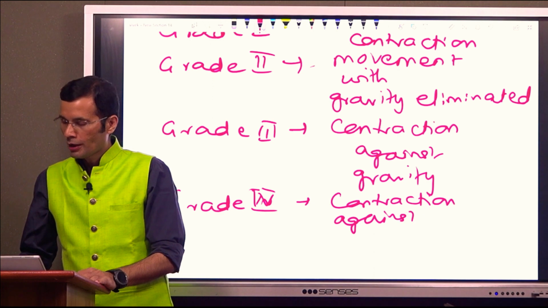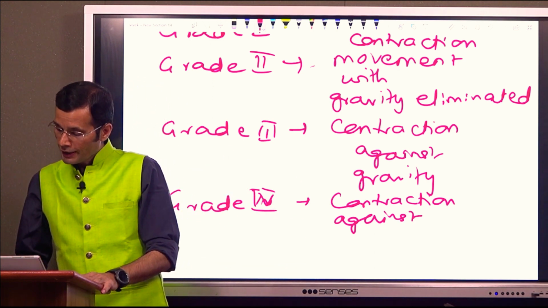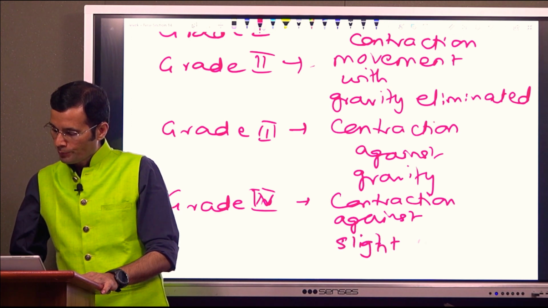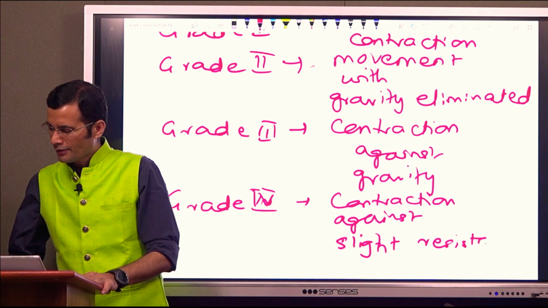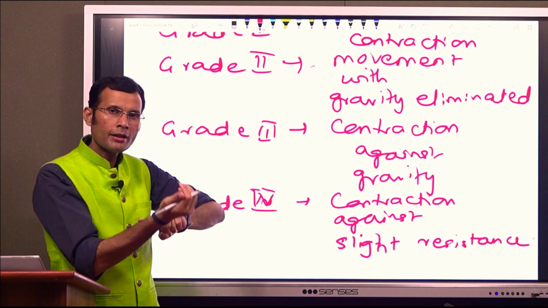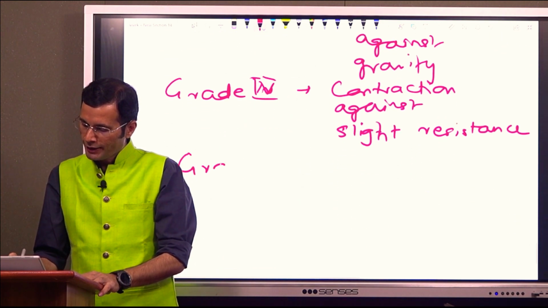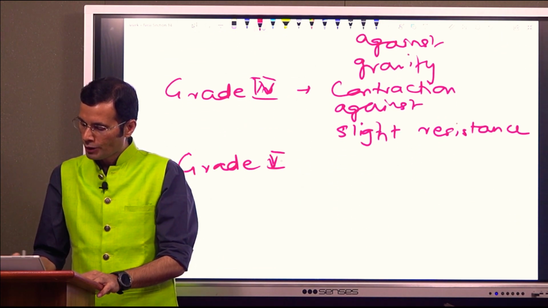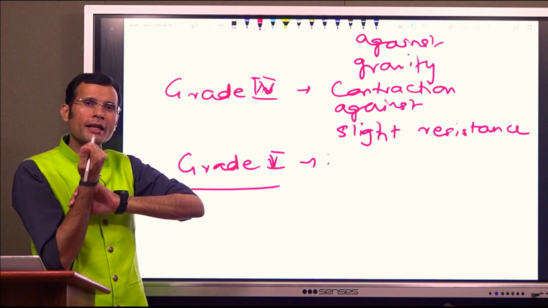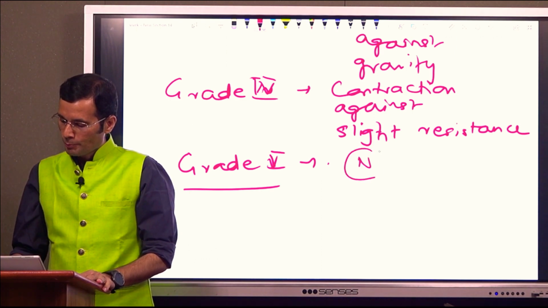Contraction possible against gravity, it's there already, and contraction against slight resistance offered by you. You apply slight resistance, small amount of resistance to the muscle, and movement was still possible. That's grade 4. And grade 5 is the normal power, that is contraction possible against maximum resistance applied by you. So that will be the normal power.